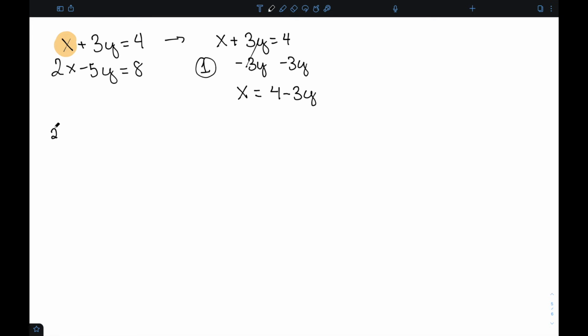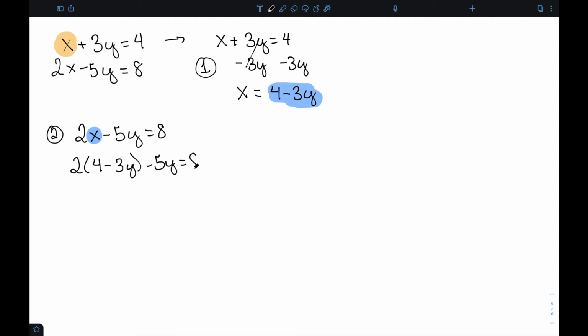Step 2 takes my other equation, in this case equation 2, and it's going to replace this x with this expression I found in step 1. So I have 2 times 4 minus 3y, minus 5y equal to 8. Distributing, 2 times 4 is 8. 2 times minus 3y is minus 6y.